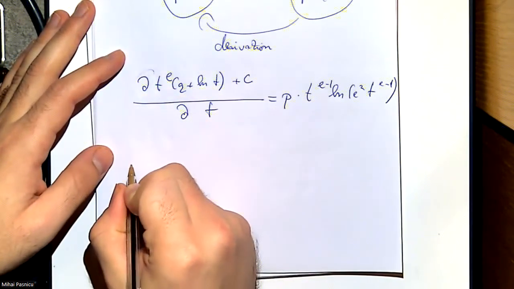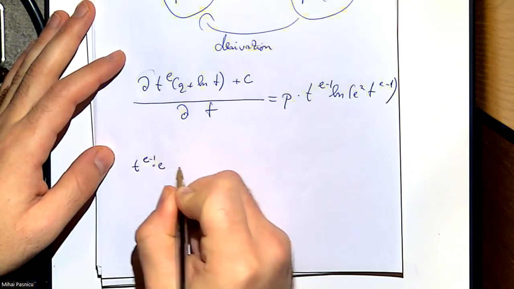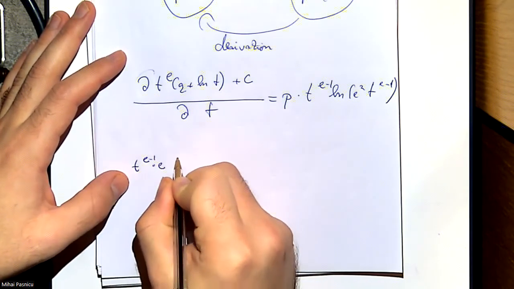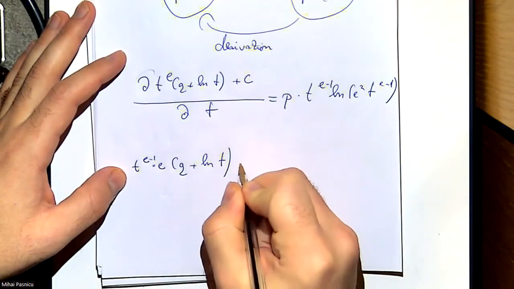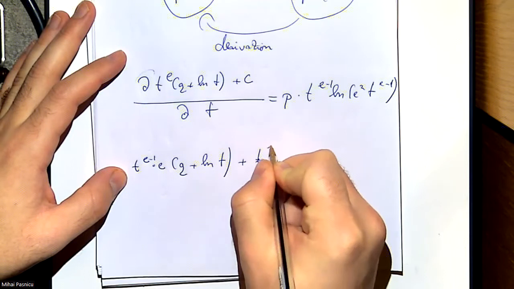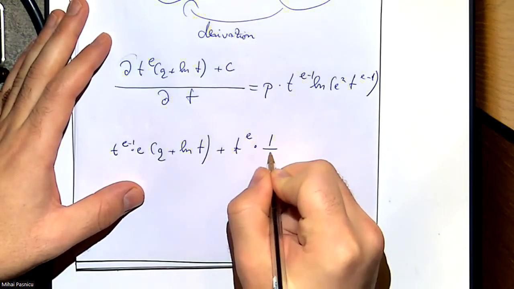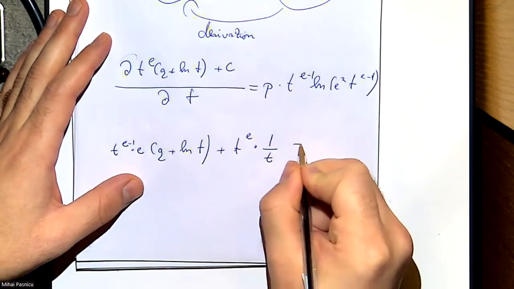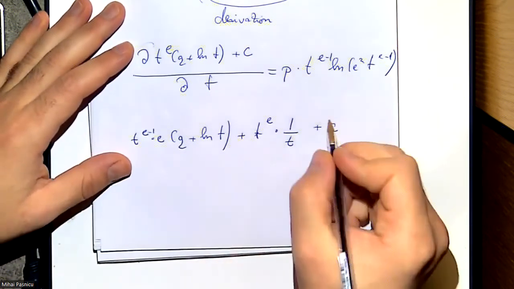So take a derivative of this and I get T E times E minus 1 times E Q plus log of T, plus T, I use the chain rule here, times 1 over T. Plus constant, no constant, sorry.